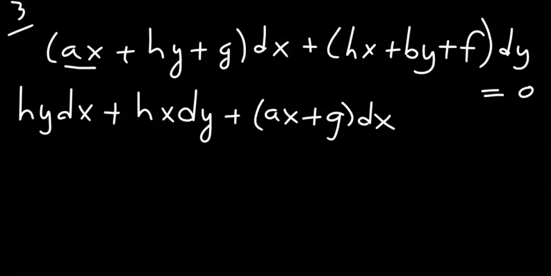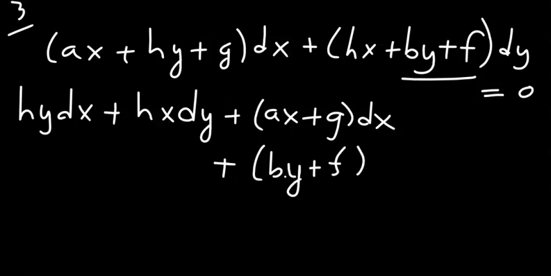So this is a term in x, this is a constant, and both of them are attached to the differential dx, which we write here. And we do the same with these two terms, and you get by plus f dy equals 0.